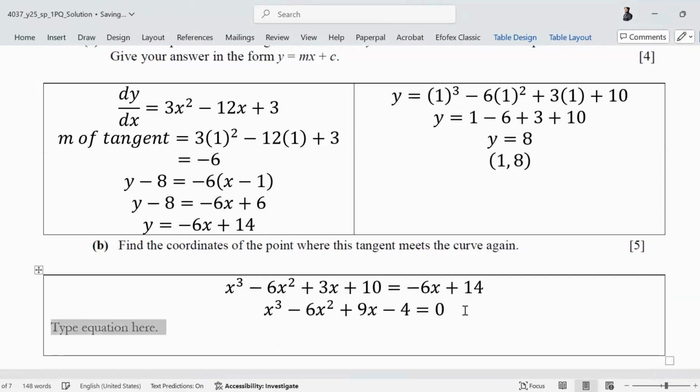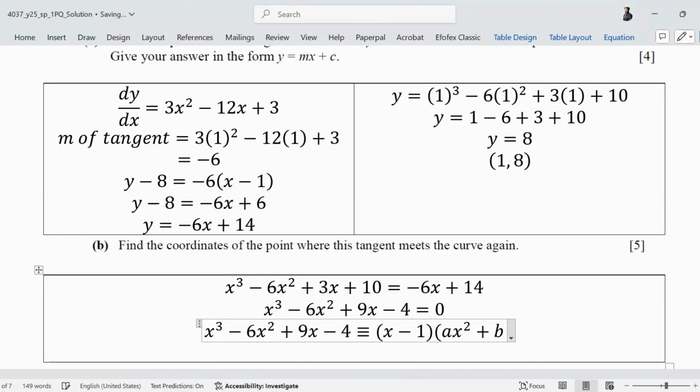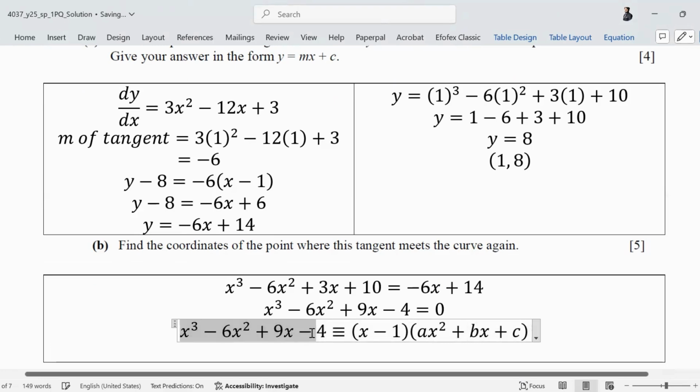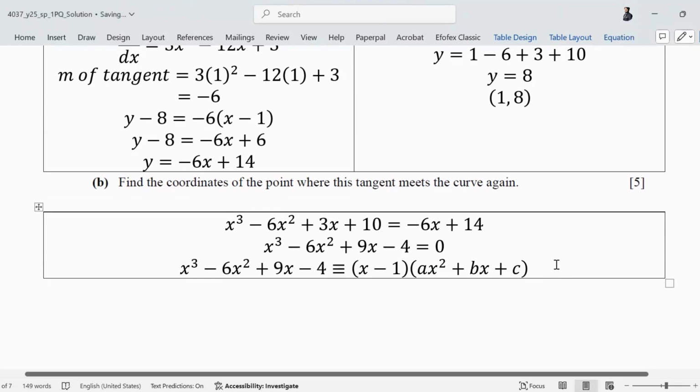So if I try to factorize this cubic expression, I already know a factor, which is x minus 1, and the other is a quadratic factor that I do not know. So I can either do comparing coefficients or I can do long division with this cubic expression and figure out my values of a, b, and c. Right now, for the ease of it, I'll be comparing the coefficients.